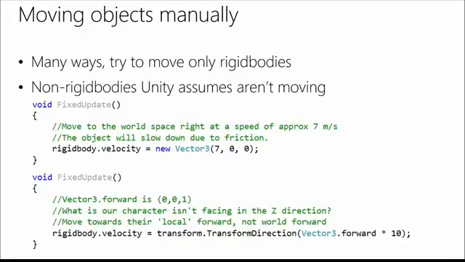The top one goes in the world coordinates. So the top one where it says vector 7, 0, 0, that is in my global world space how that object's moving. In the example at the bottom, we're setting the velocity to transform direction. And that basically makes it local. So wherever that object is rotated, it's going to move forward in that direction. So one way of dealing with world, one way of dealing with local.